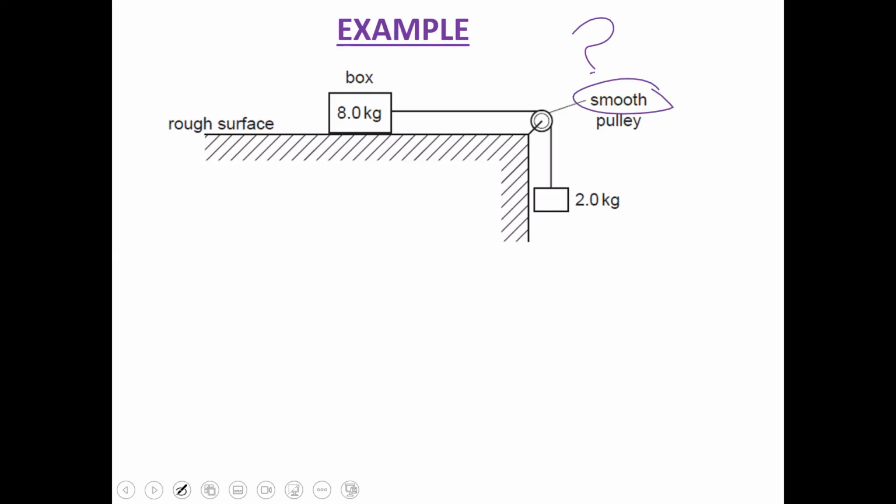Frictionless. Yes, it means the pulley is frictionless, the table surface is rough, and the two masses are there. One is hanging and one is on the table. Now, you people have to copy this past paper reference question. I'm just coming. Please copy it.